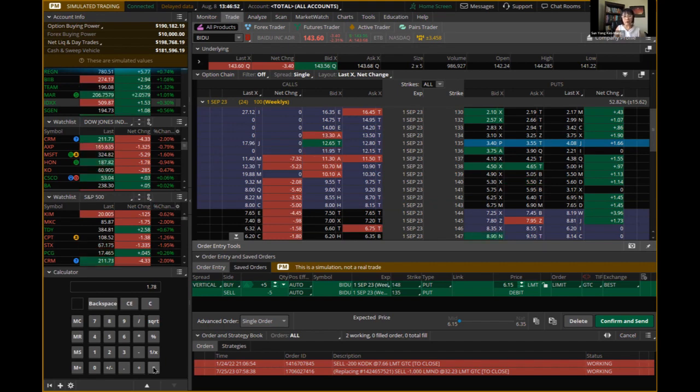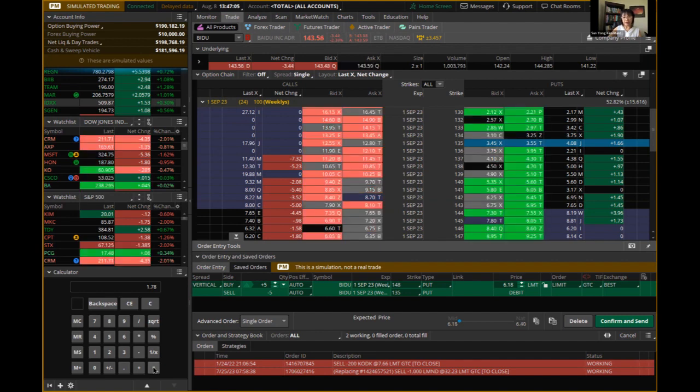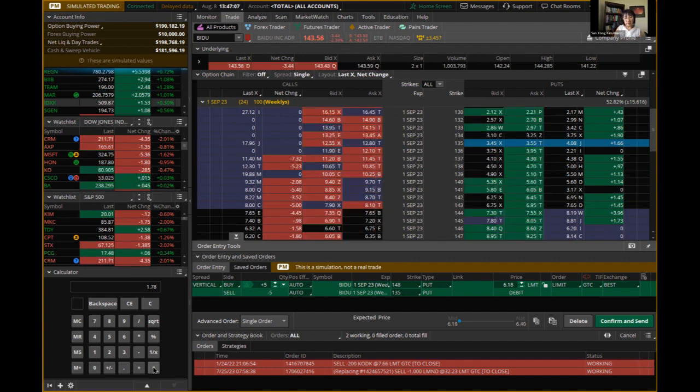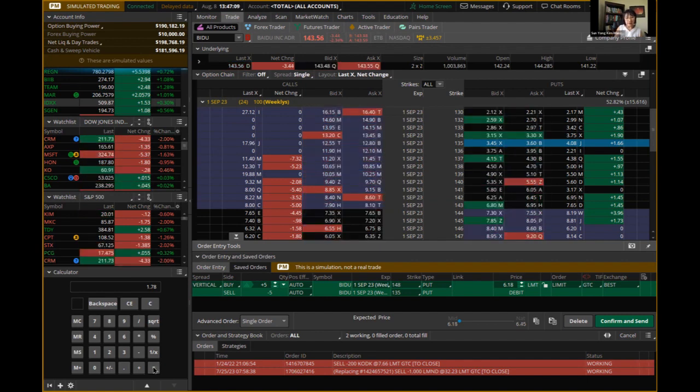So close to $2, like I told you. So that's not too bad. Now, some traders don't focus on that, and some do focus on breaking even. But let's take a look at this.